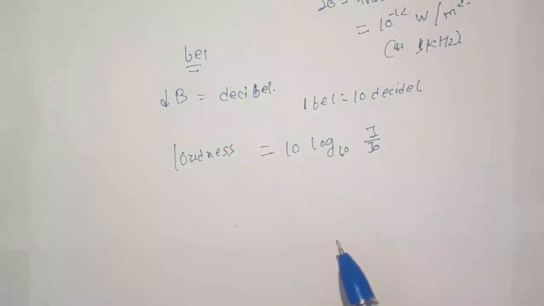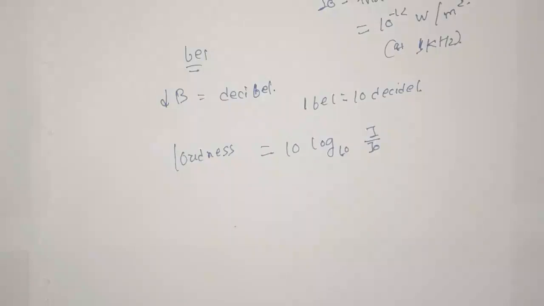So it has different effects on different listeners. Two sounds of equal intensity but different frequencies may not appear to be equally loud even to the same listener because the sensitivity of ear is different for different frequencies.